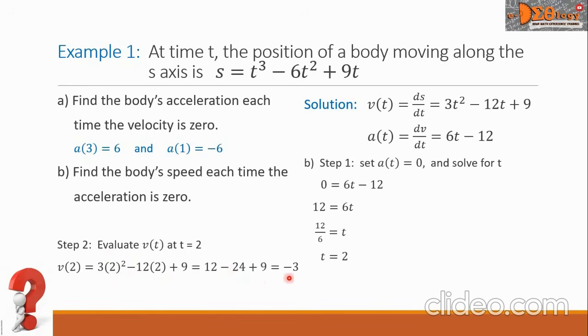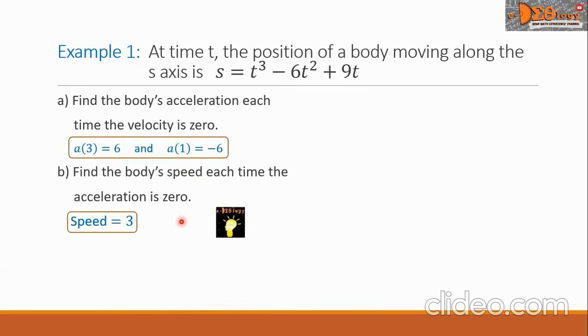And the answer here is negative 3. Take note that we are looking for the speed. And the speed is equal to the absolute value of velocity. So taking the absolute value of negative 3, the speed is equal to positive 3. Let us write this answer down for problem B. We are now able to write the final answers for example 1, problem A and problem B.